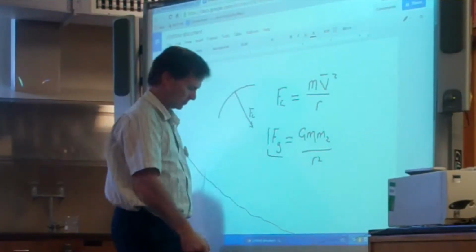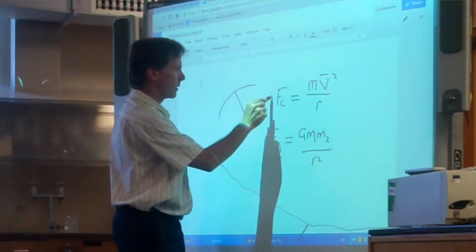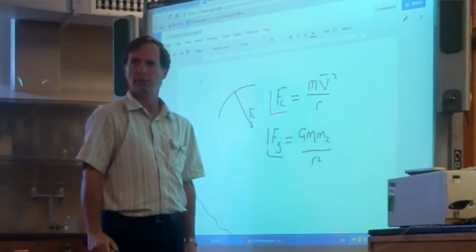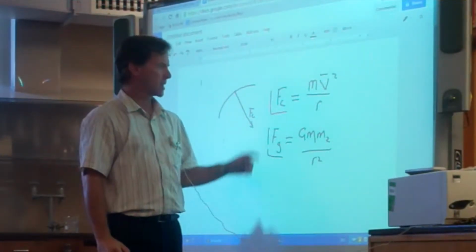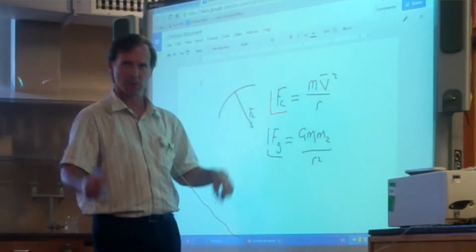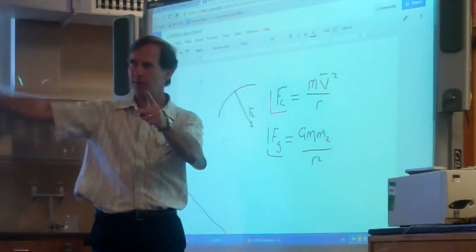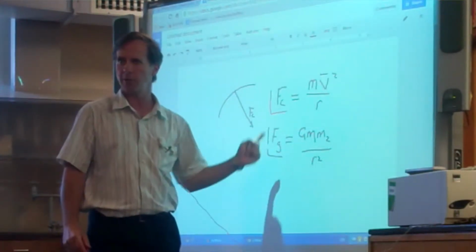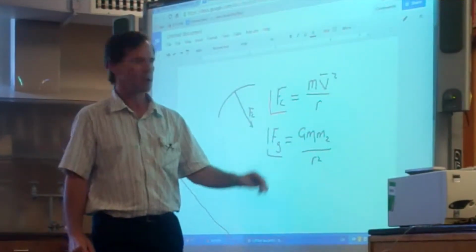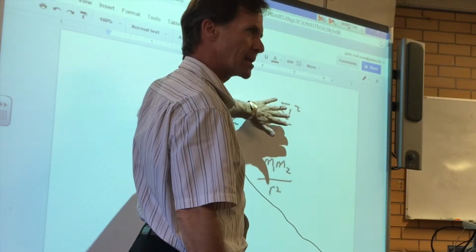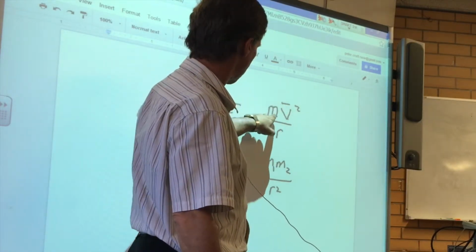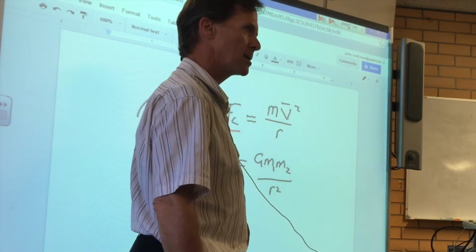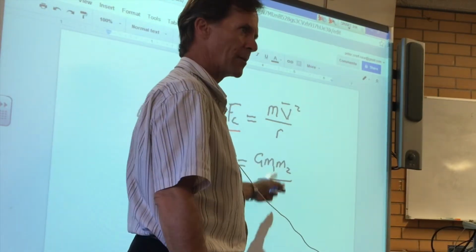That there will equal that there, because that's the size of the force that's holding it in place around the Earth. But if you want to actually do some work around gravity, you'd use the gravitational force formula. That one works for everything that's going in a circle, but it only tells you about the mass, the velocity, and the radius. This one works specifically for gravity.